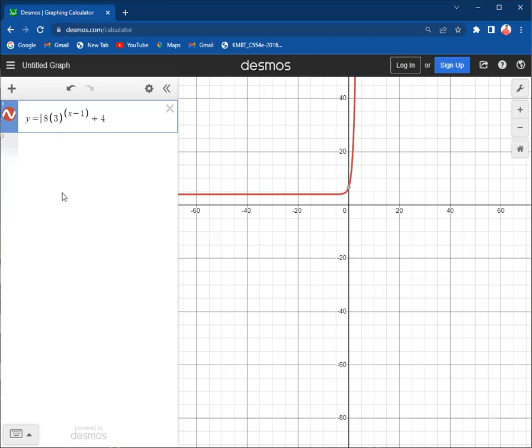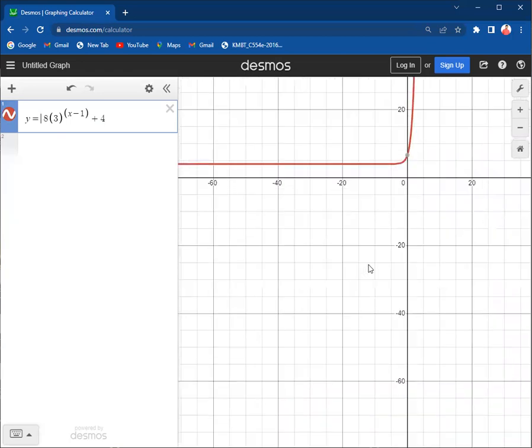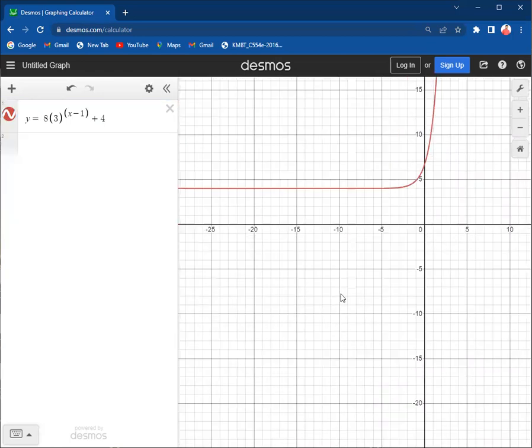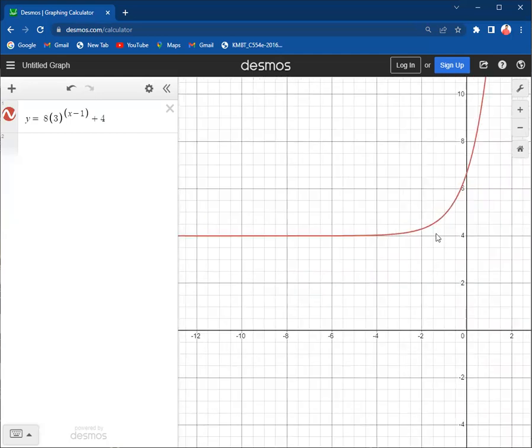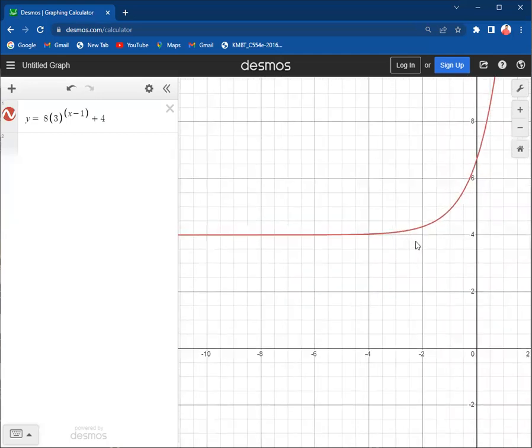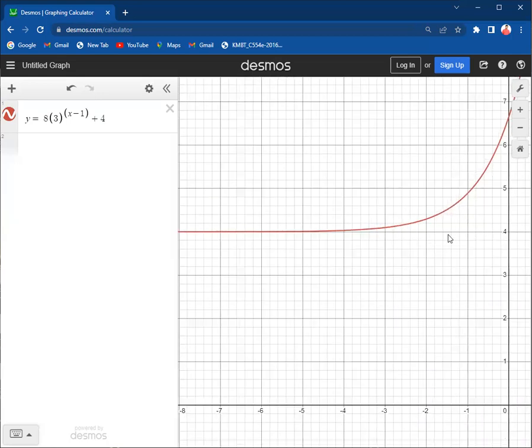Now let's check the signs on A. If it's positive, the graph is above the asymptote. Now I'm going to make it negative. Let's see.